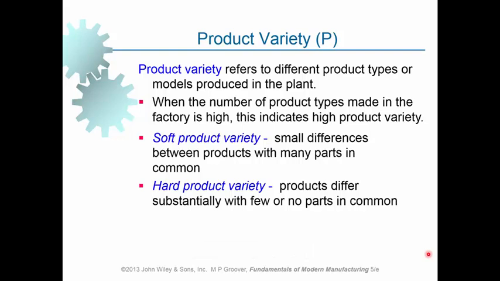What is an example for hard product variety? Well, manufacturing of machining fixtures. Each fixture is used for production of a typical part that cannot be used for production of another part. Another example is the production of special machine tools. Special machine tools are the ones that are used in order to machine a typical part, and the same machine cannot be used in order to make another part.